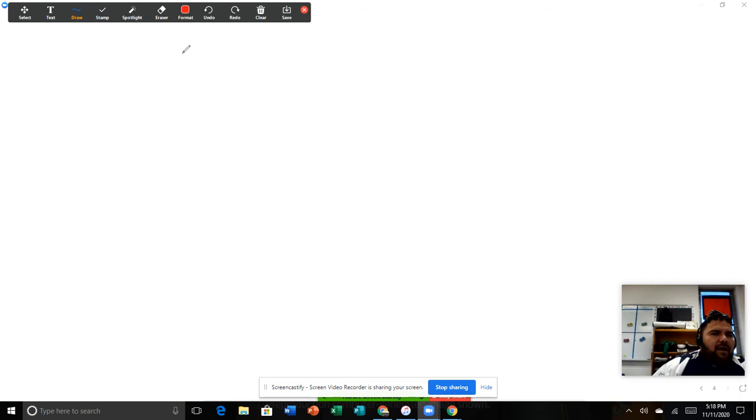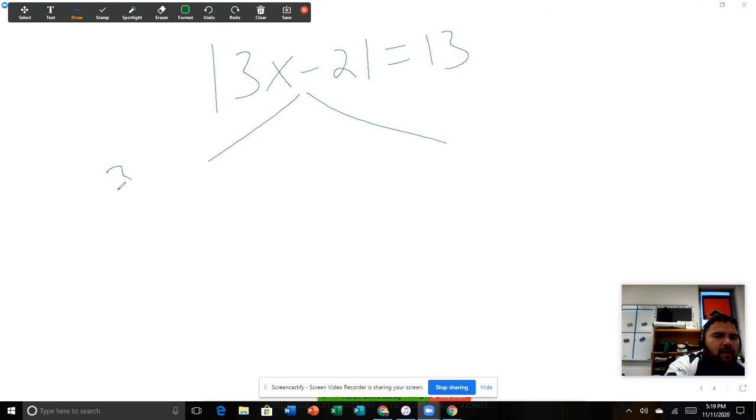Now we have another equation a little bit different because we're going to have a two-stepper, right? We have the absolute value of 3x minus 2 is equal to 13. Again, same thing, just drop it down. 3x minus 2 equals 13. 3x minus 2 equals negative 13.